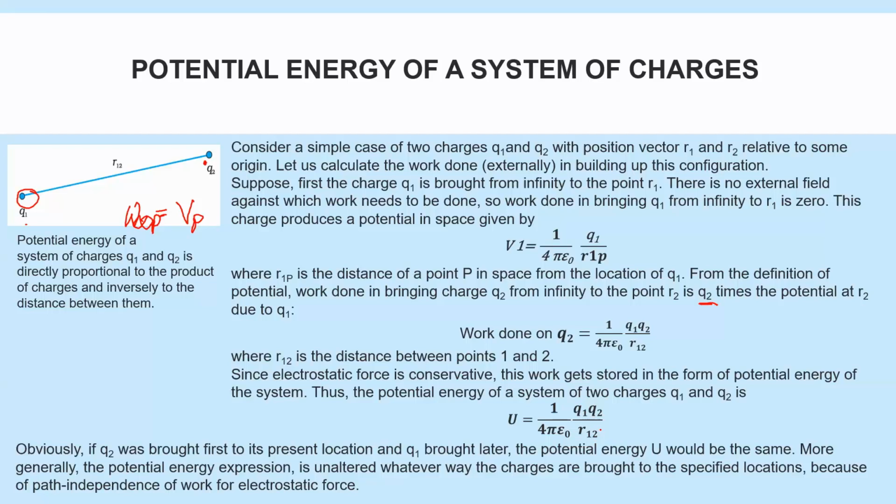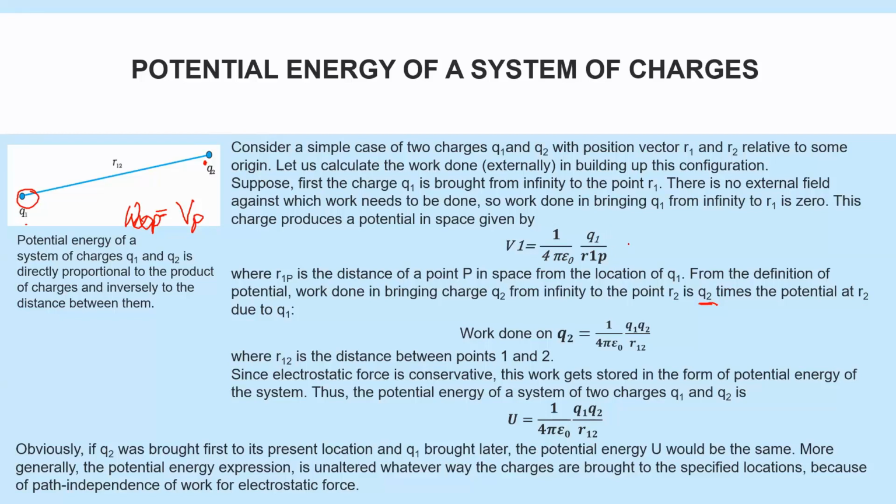Now suppose you had brought Q2 first. The potential in space due to that would have been V2 equals 1 by 4 pi epsilon 0 Q2 by R2P.